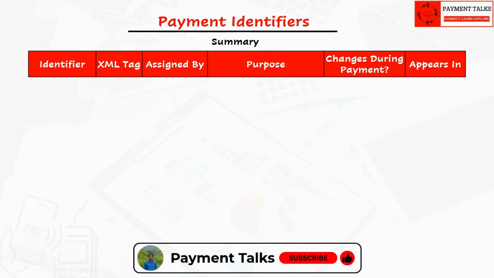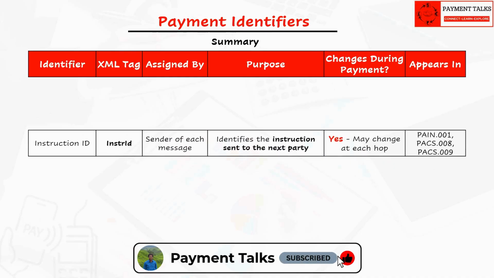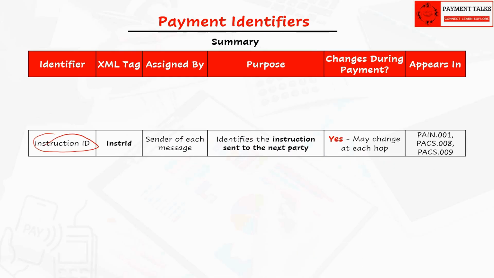The next identifier is instruction identification. What is it? The reference that identifies the specific instruction a sender is sending to the next party in the chain. It operates at the transaction level. One instruction ID per transaction per hop. Who creates it? The sender of each message.